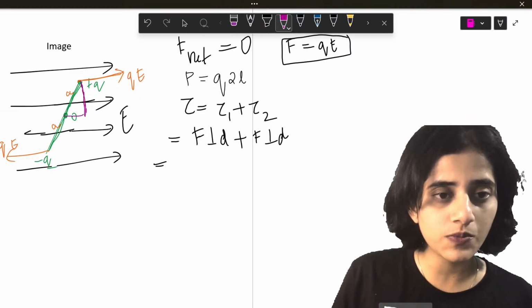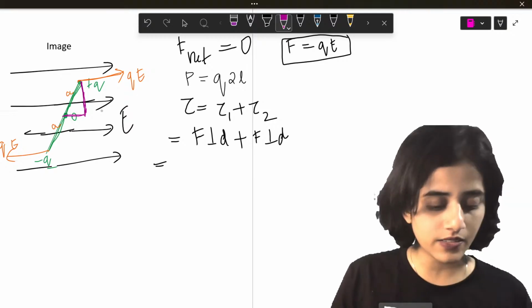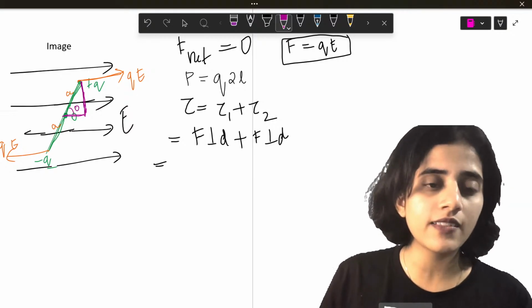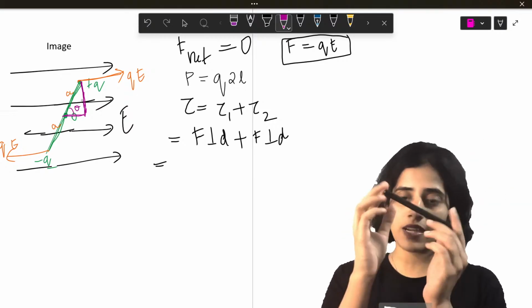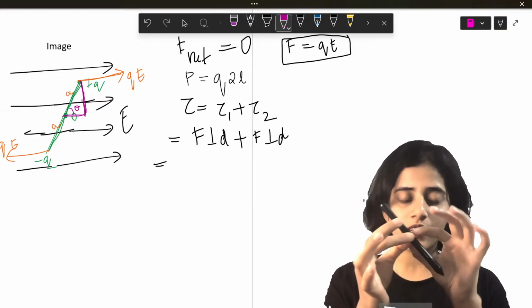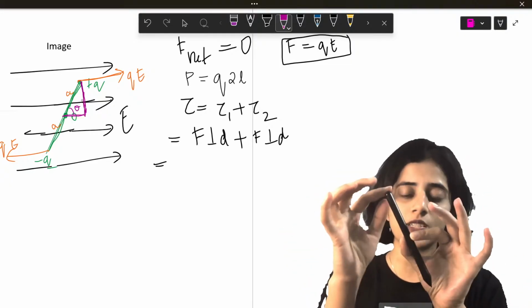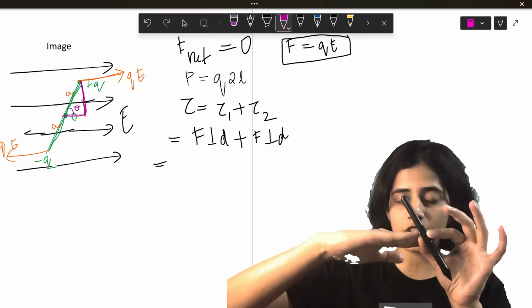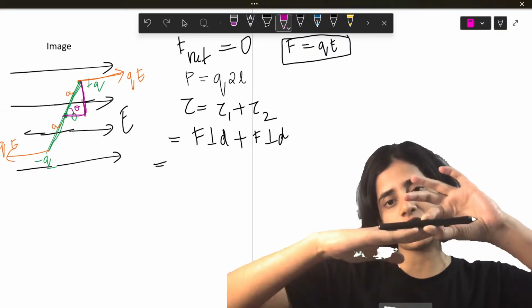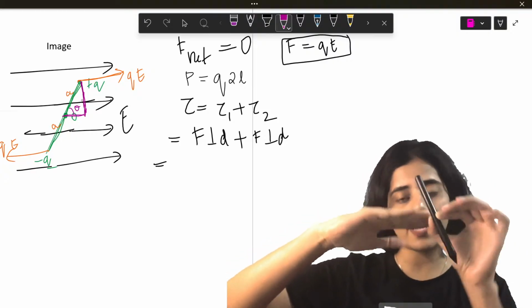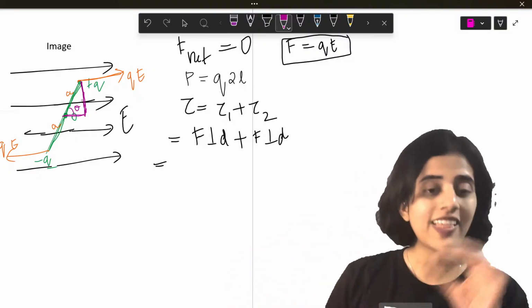Let's assume this is a triangle. This is the dipole and this is the central point, from which the dipole is going to rotate. Initially this is the electric field. The dipole rotates through an angle theta. This angle at which it rotates is called theta.